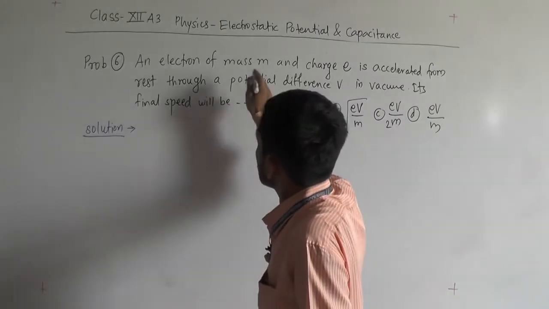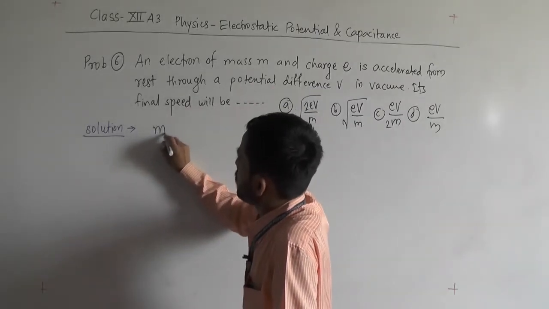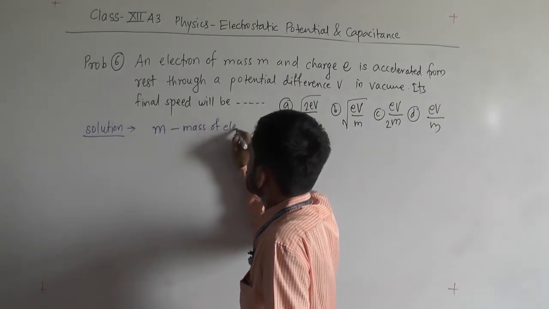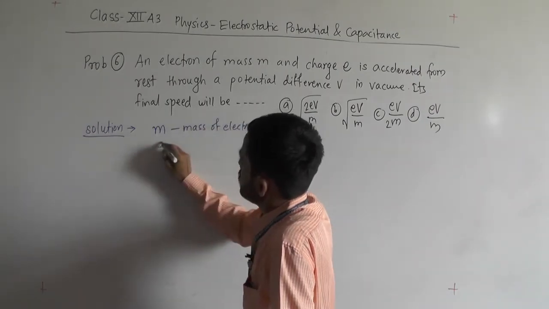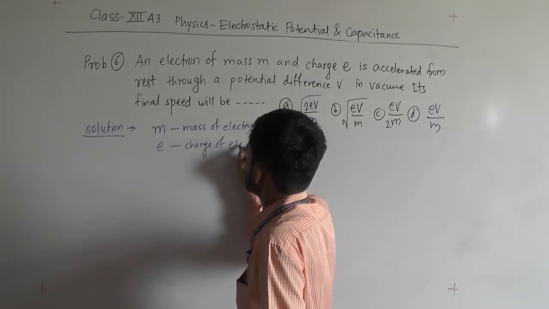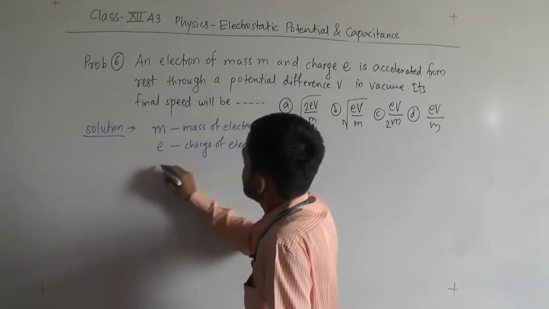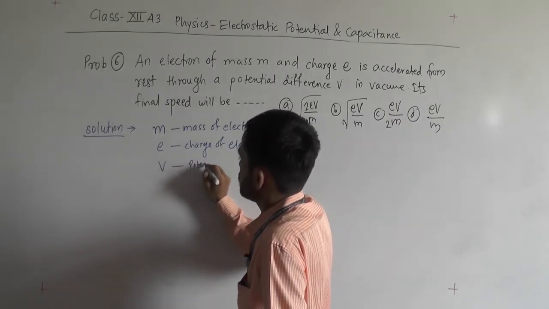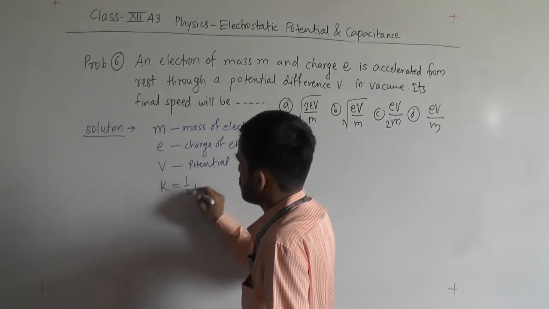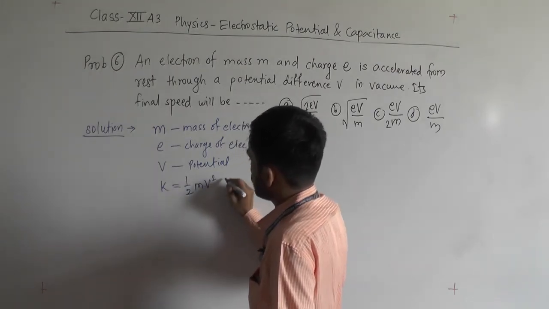Solution. Electron of mass m, m is the mass of the electron. e will be the charge of the electron. V is the potential. K is the kinetic energy, half mv square.